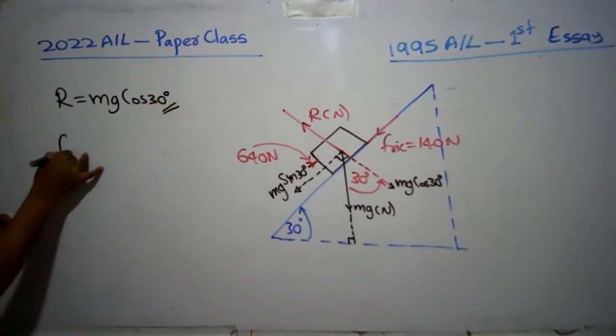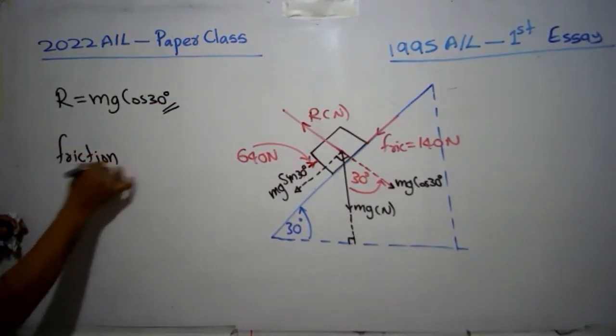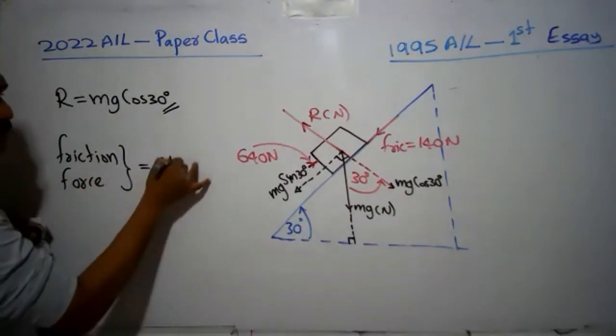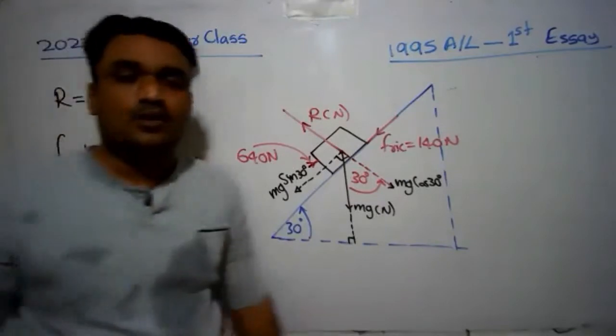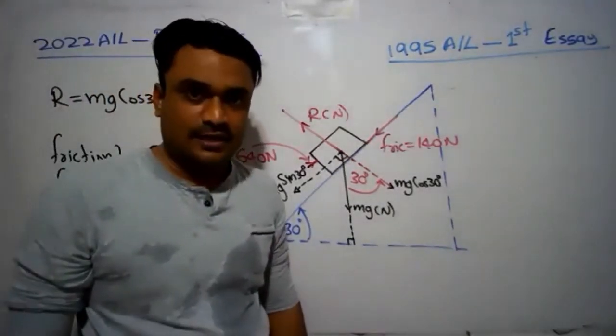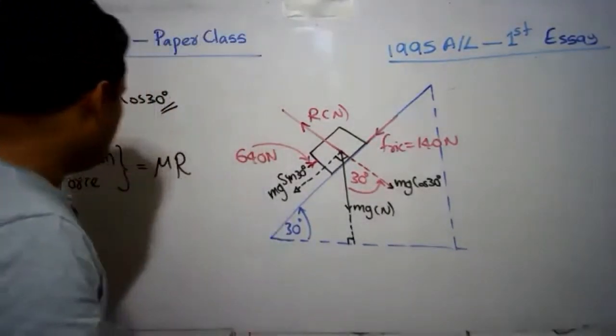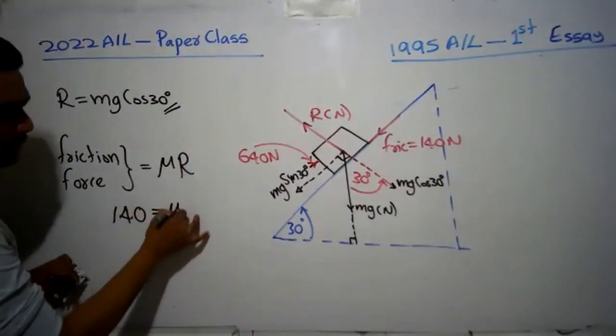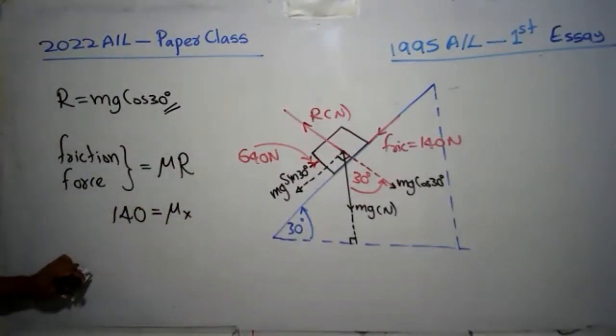After that, we know that friction force is equal to mu R, where mu is the coefficient of kinetic friction. We want to find it. We have found friction force as 140 Newton. We don't know the value of mu.